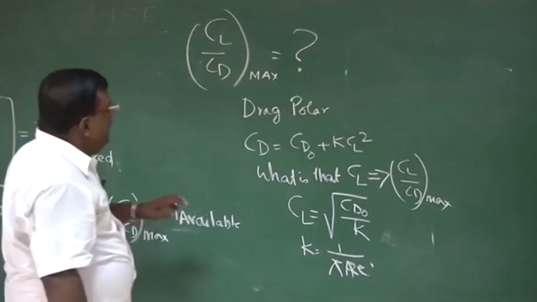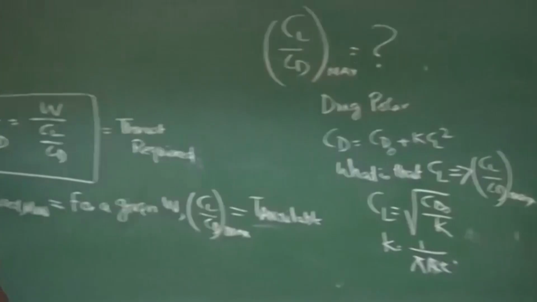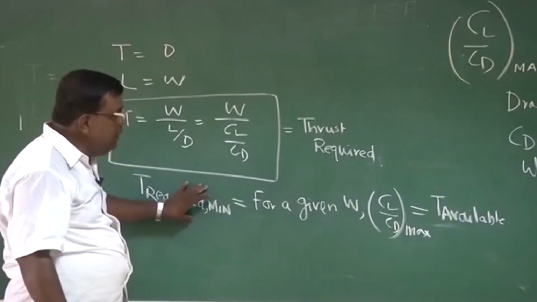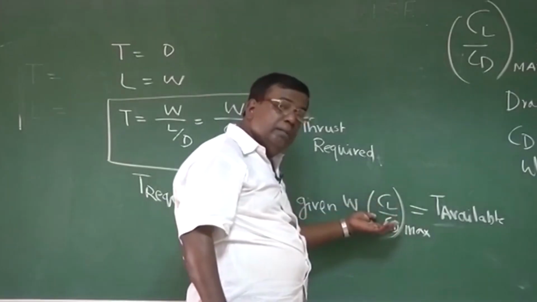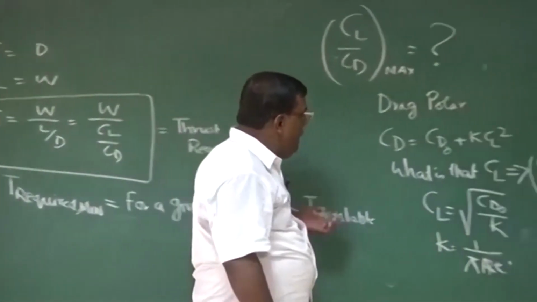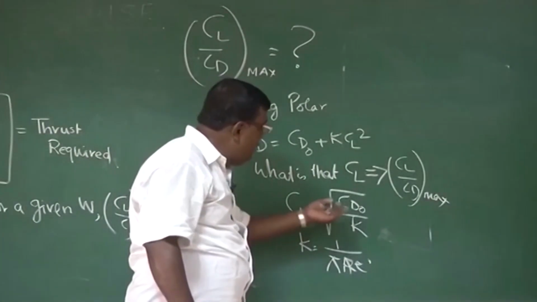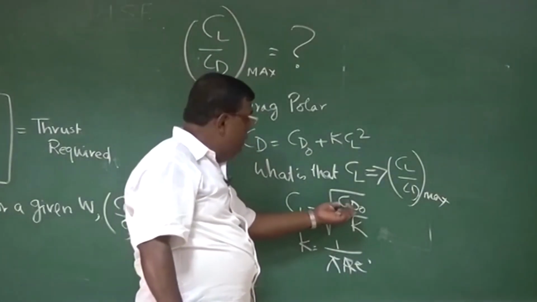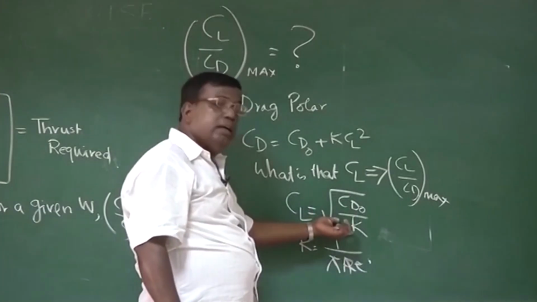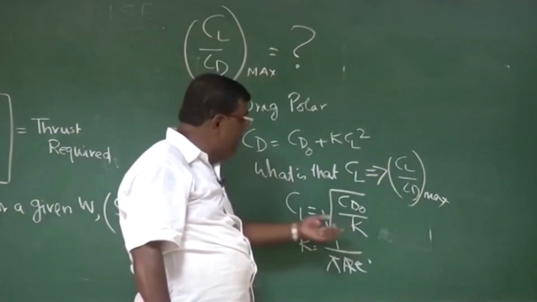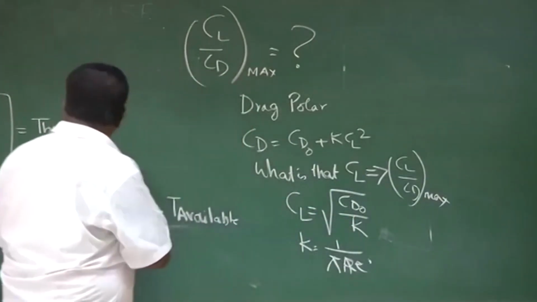Message is, if we want to fly at thrust required minimum, then I need to fly at CL by CD maximum, which means I need to fly at a fixed CL, because CD naught value is fixed. Typically value will be 0.022, 0.023, K for a given aspect ratio K is fixed. So CL is fixed.